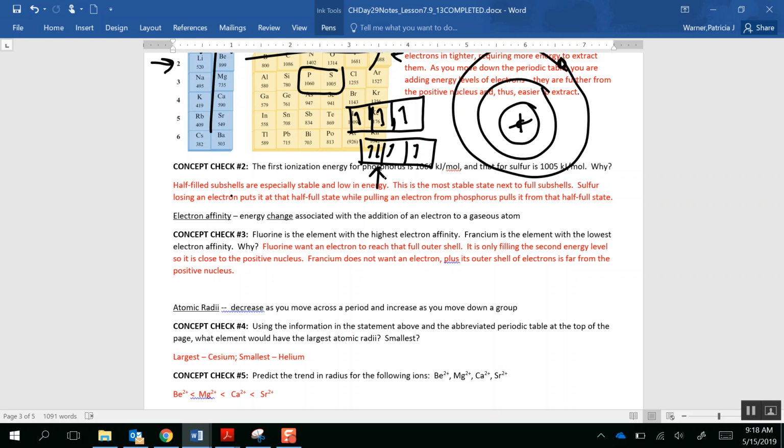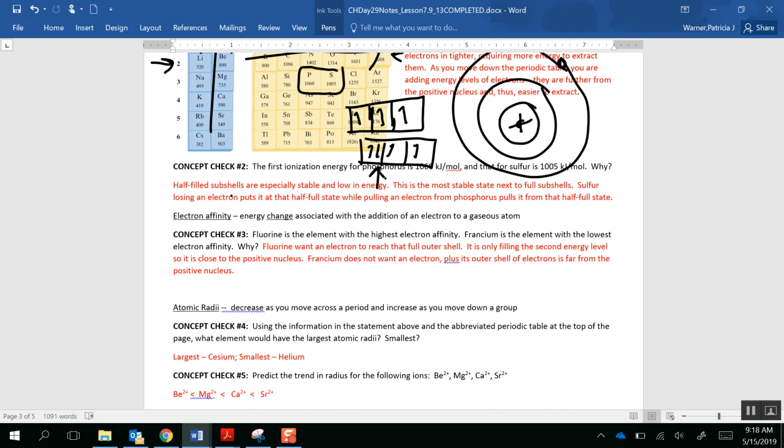Francium does not want an electron, so putting an electron in it is not going to change its energy very much, and it's very far away from the nucleus, that electron that you add.